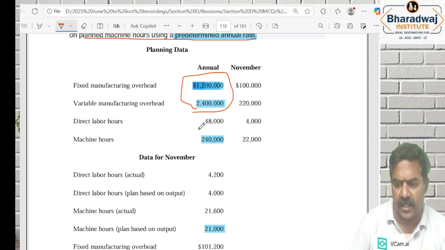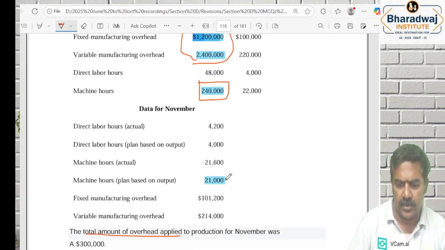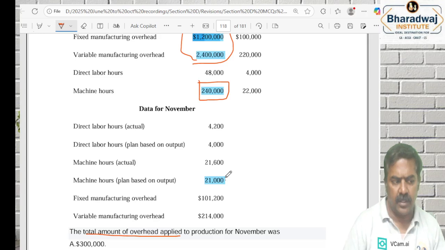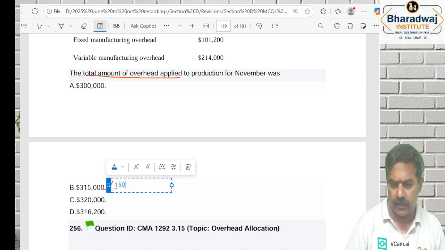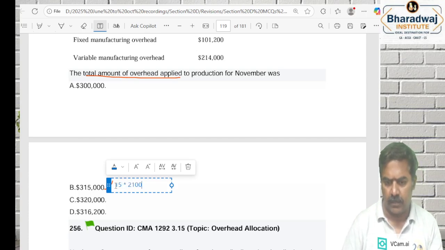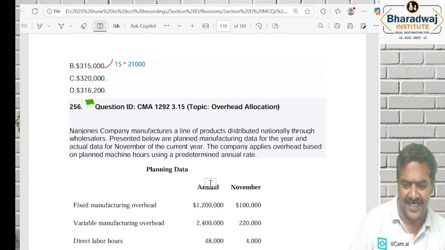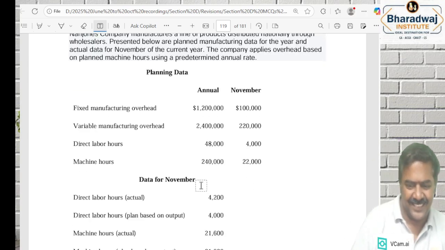So 36 lakhs divided by 2 lakh 40,000, how much do you get? 15. 15 into 21,000. Answer is 315.